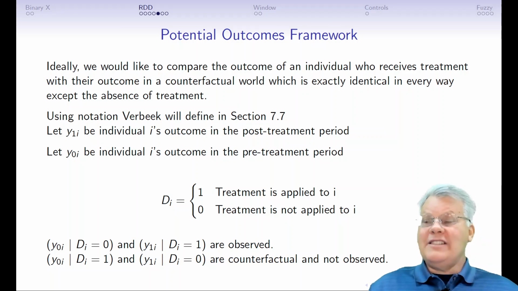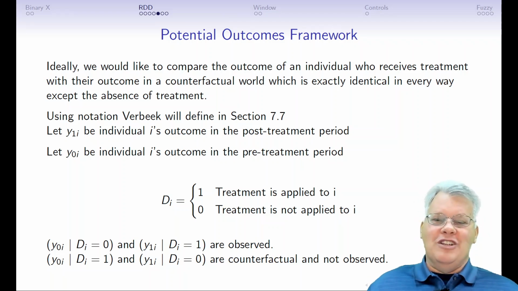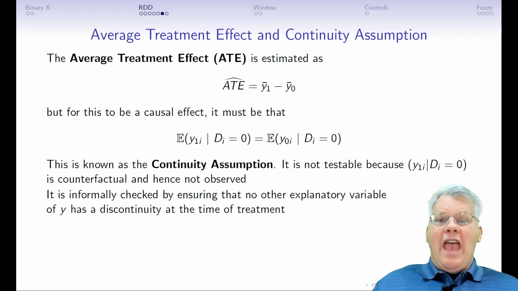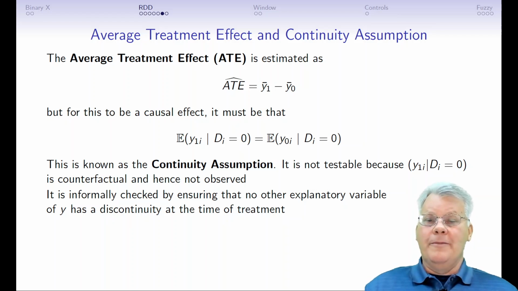And to estimate the treatment effect, we have to make heroic assumptions about these and statistically estimate them. Right? So the average treatment effect is estimated as the average outcome in the post-treatment world minus the average outcome in the pre-treatment world.